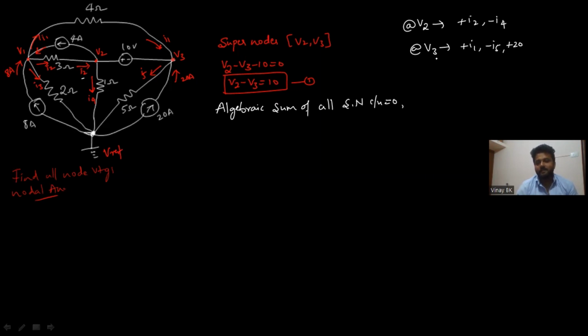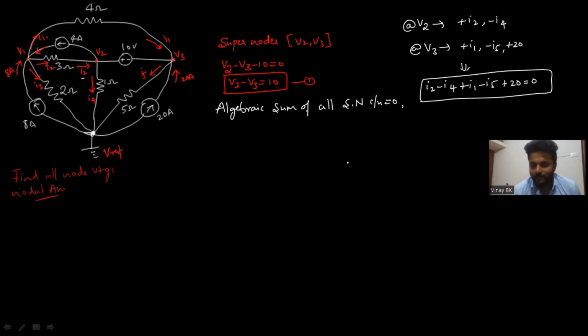Now the algebraic sum of these will be 0. So I will write it here: I2 minus I4 plus I1 minus I5 plus 20 equals 0. This is the supernode current equation. Now we need to substitute the values of I2, I4, I1, I5. I can call this equation A just for reference.